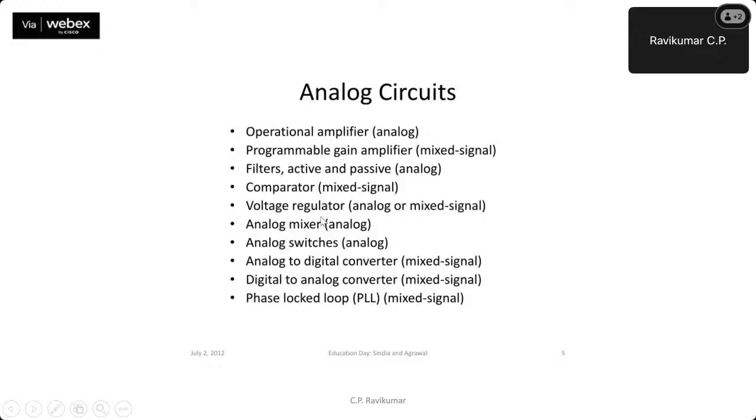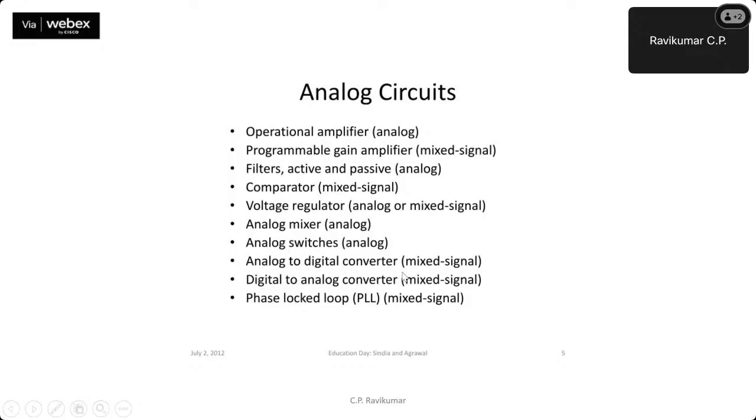Then there could be a voltage regulator. Then there could be a mixer, which you may have come across in communication circuits. Then analog switches, which may be useful in analog multiplexing.